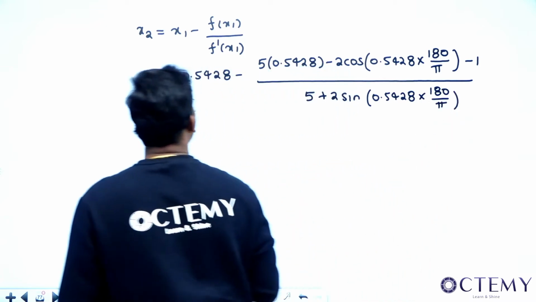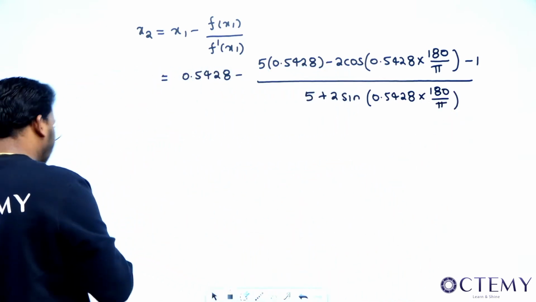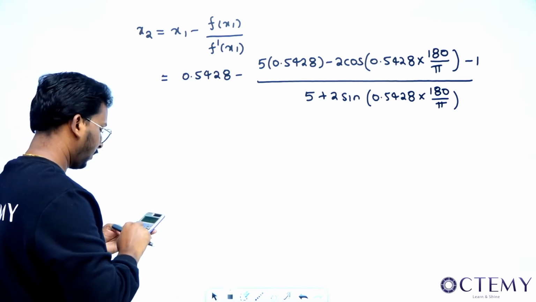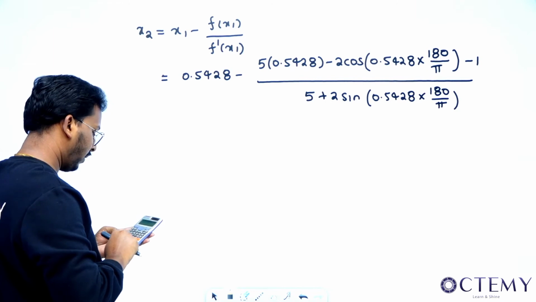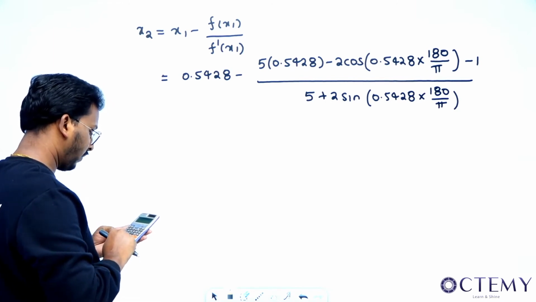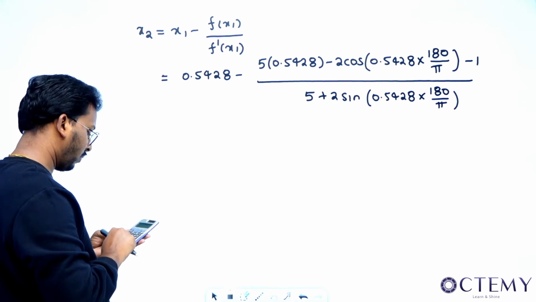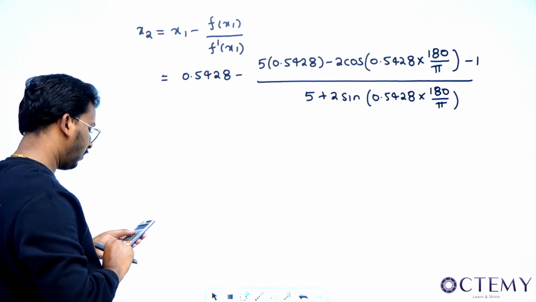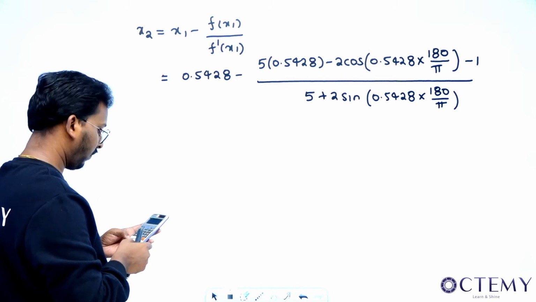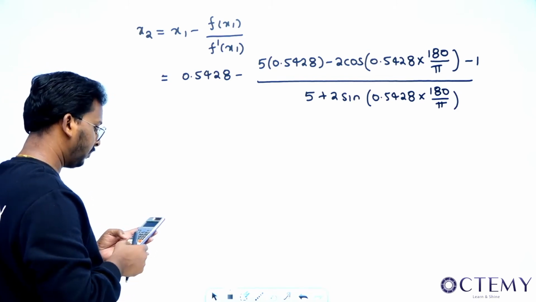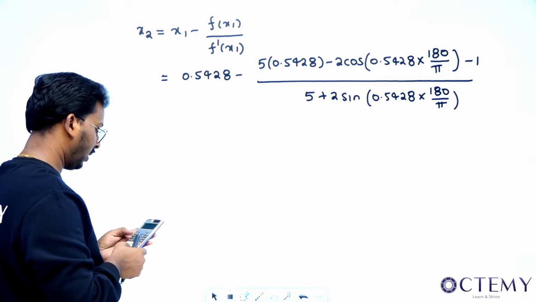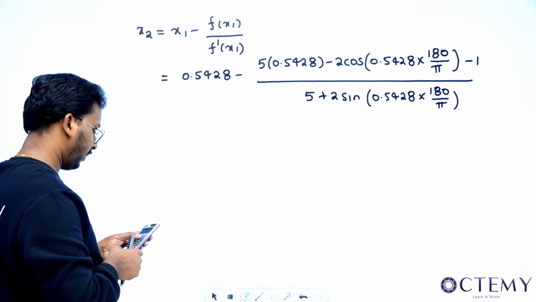So if you calculate this, see what you will get. 0.5428 minus 5 into 0.5428 minus 2 cos 0.5428 into 180 divided by pi minus 1, whole divided by 5 plus 2 sin 0.5428 into 180 divided by pi.